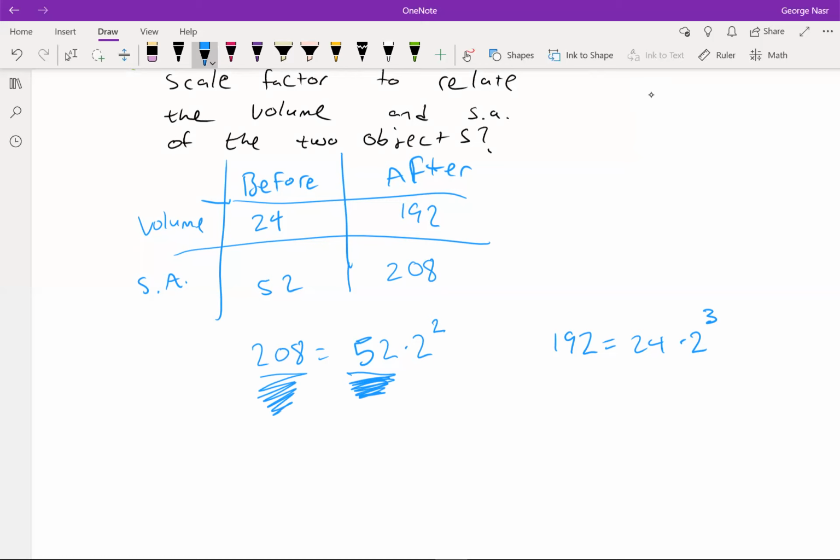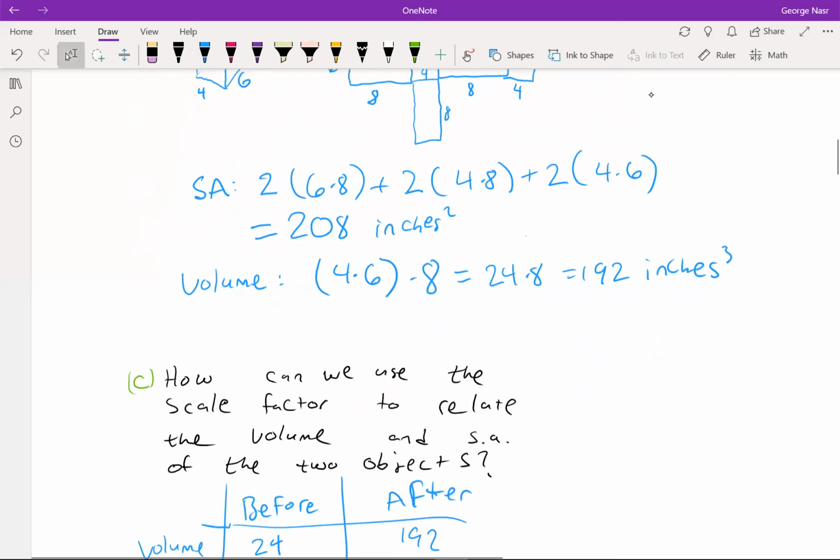On the other hand, when I'm going before and after for volumes, when I scaled by 2, I don't scale the volume by 2 one time, I multiply it 3 times to scale the volume accordingly. And again, that 3 kind of makes sense because cubic units have a cubed in the exponent of the units, right? We've got cubic inches versus the square inches for area.